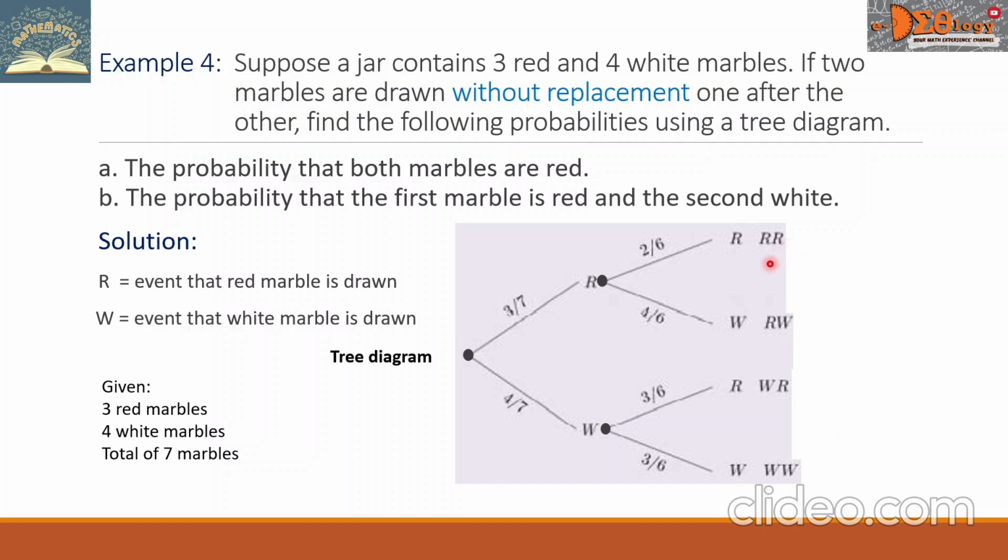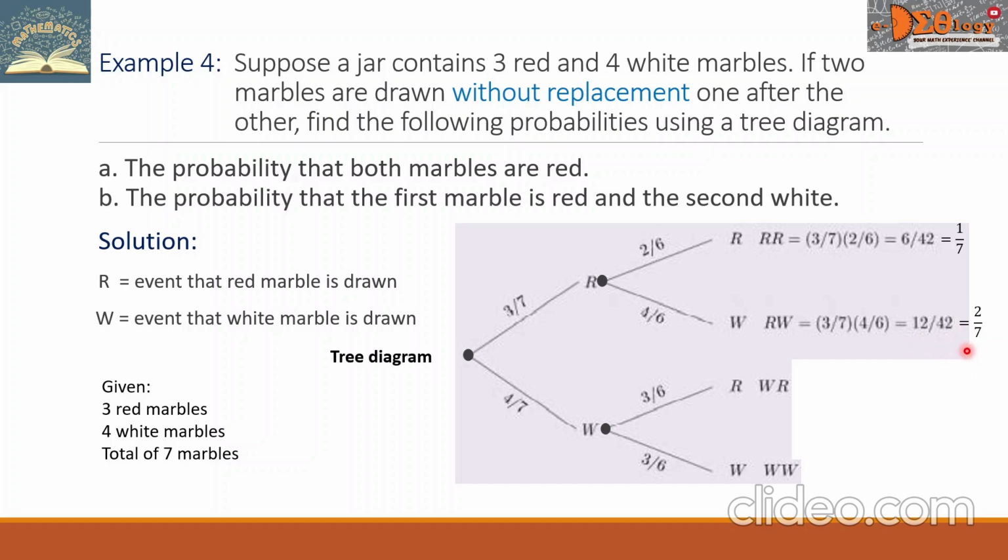Let us now compute the corresponding probabilities. For RR, we multiply 3 over 7 and 2 over 6. And the product is 6 over 42. We simplify this as 1 over 7. For RW, we multiply 3 over 7 by 4 over 6. And the product is 12 over 42.